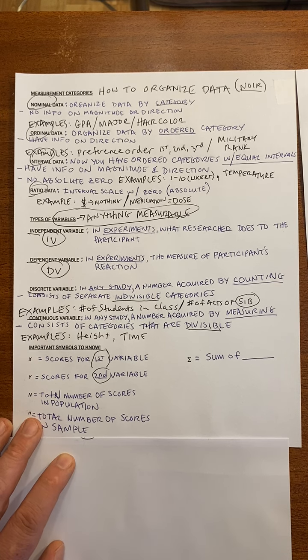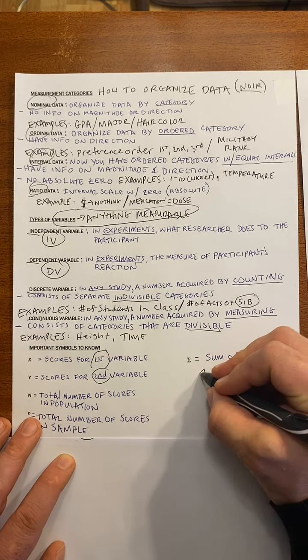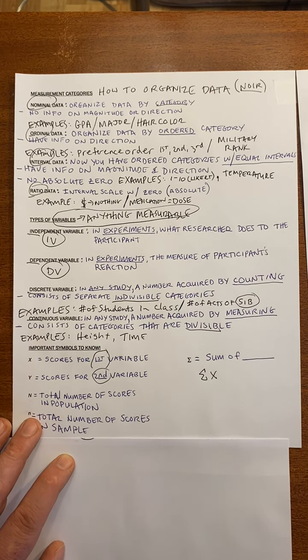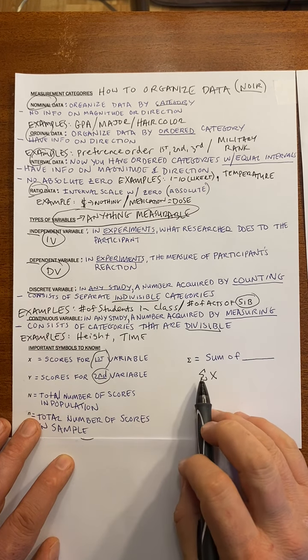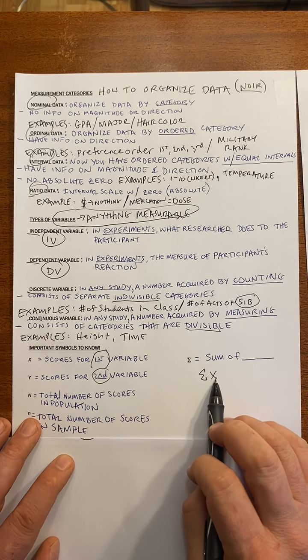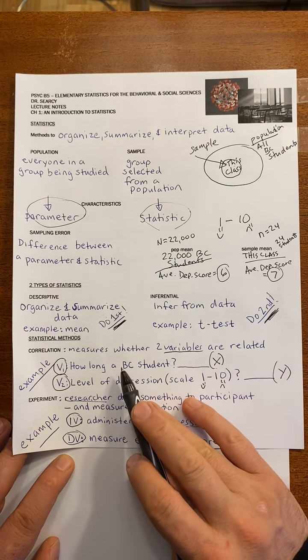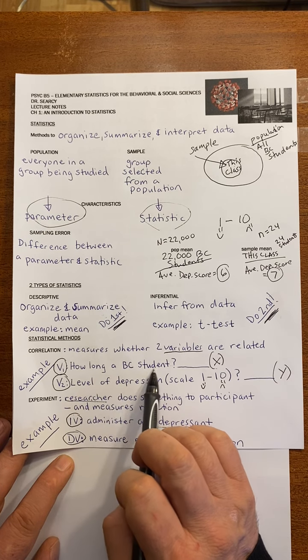And the way that you'll often see it is represented like this. You'll see sigma x. What does that mean? Sigma x means the sum of all of the scores in that x category, right? So you had a bunch of different answers. How long have you been a BC student?